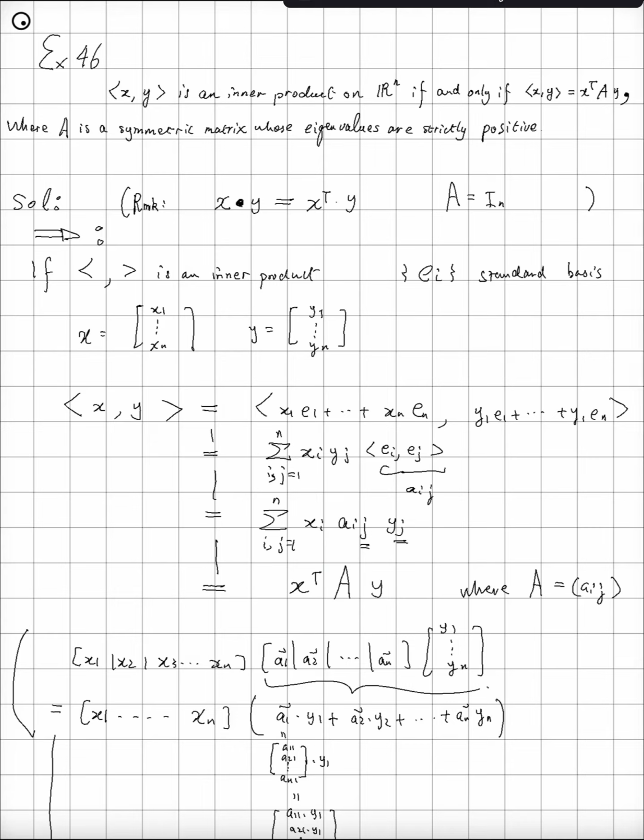Which means you could translate this inner product of x and y using matrix multiplication, where you put this A as just the inner products of your standard basis, e_i and e_j.